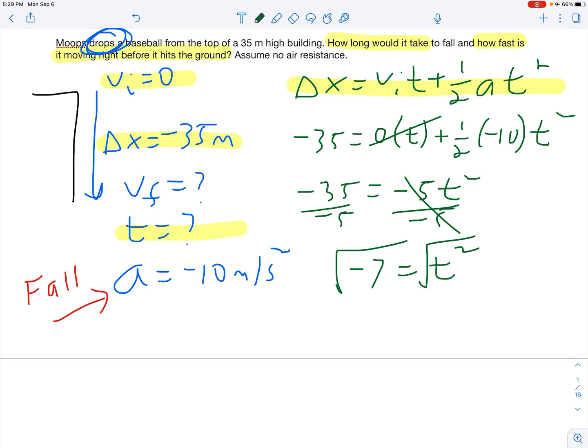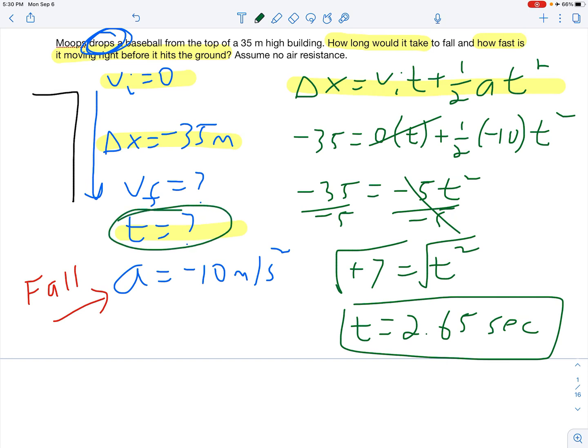Then I take the square root, and T equals 2.65 seconds. So that is one of my answers, the one I'm looking for right there.